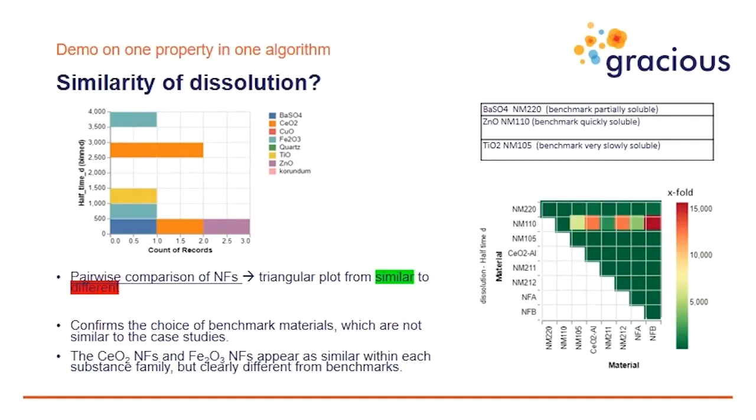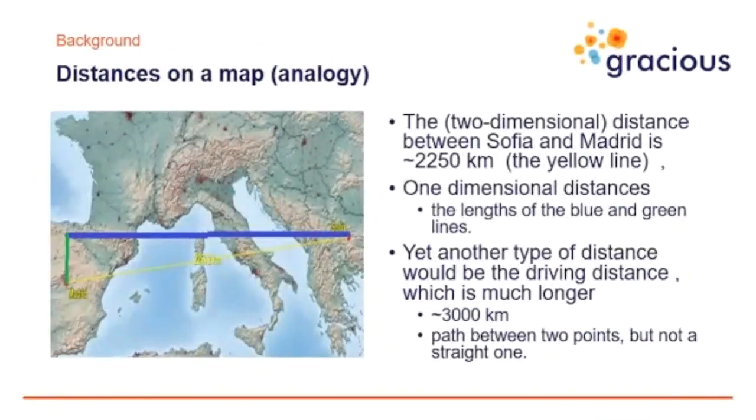The second iron oxide, nanoform B, has a very high dissolution half-time and hence is very different. This is indicated in the similarity matrix with red color and the maximum x-fold value of 15,000.